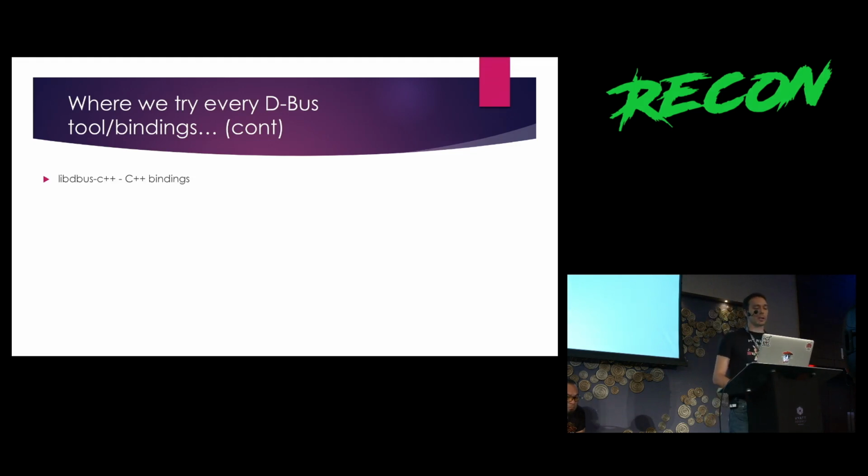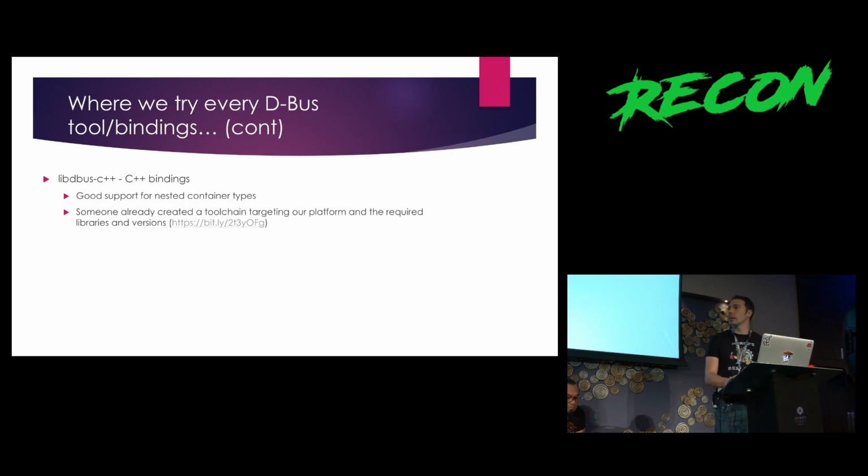Next in the list, libdbus C++, bindings for C++. Excellent support for nested types, just like we were trying to find. And by that time, we had also made some really nice findings. Someone in one of those huge communities of users of these cars had already developed a nice toolchain targeting this very specific version, with all the necessary libraries to build binaries that run flawlessly.